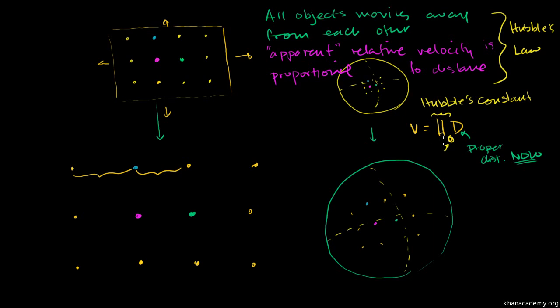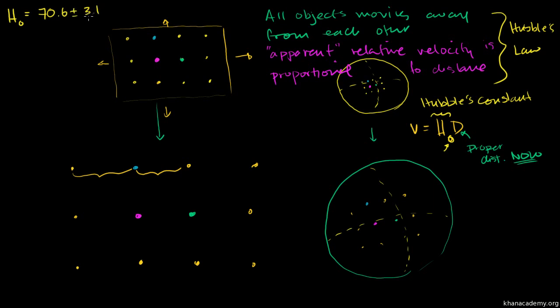And so just to do a little bit of math of how fast things are actually moving apart, the current Hubble constant is, let me actually write it someplace where I have more space. The current Hubble constant is 70.6 plus or minus 3.1.